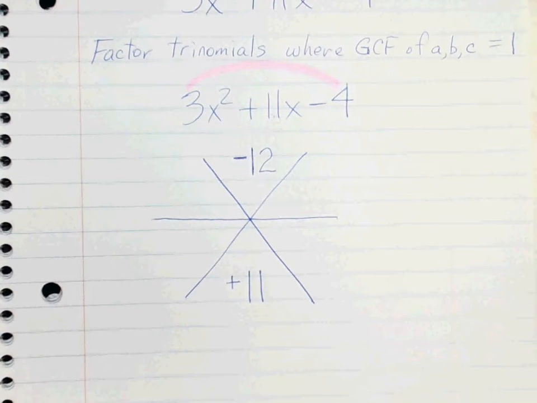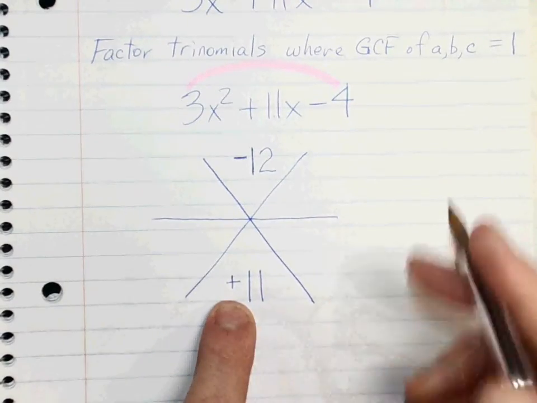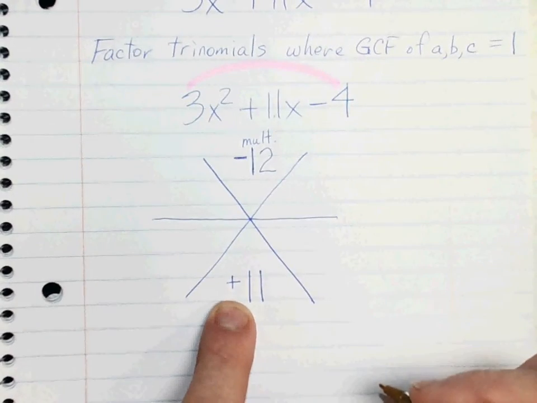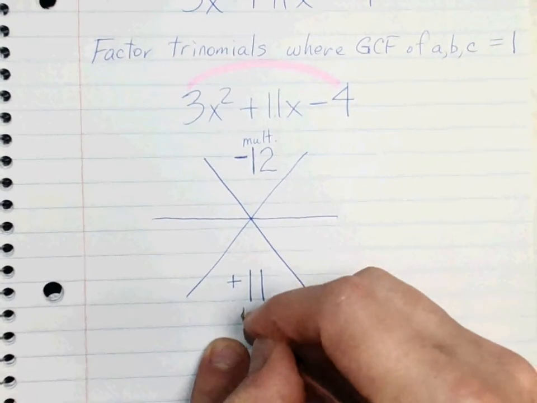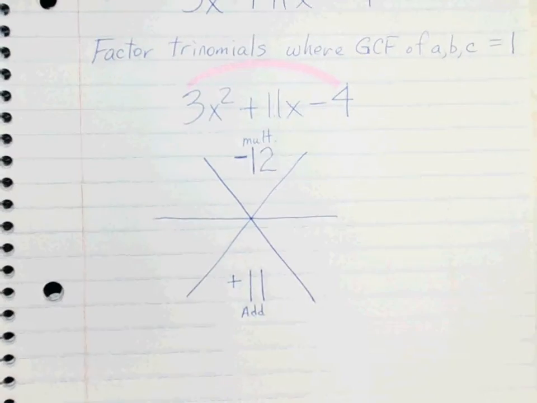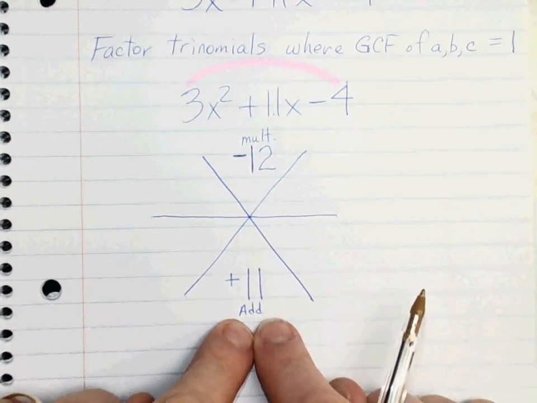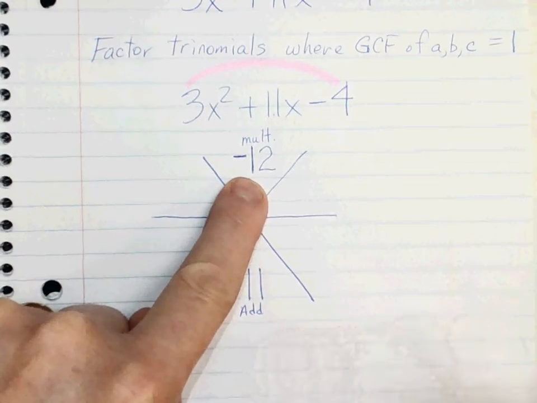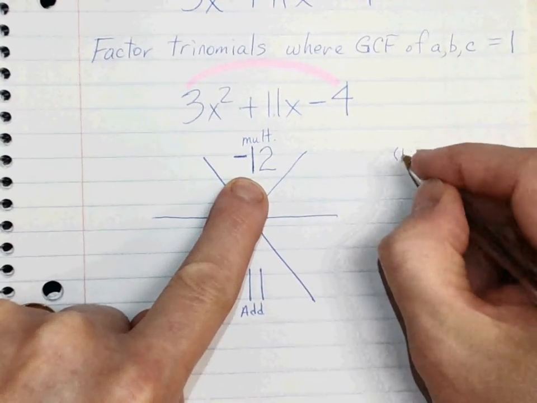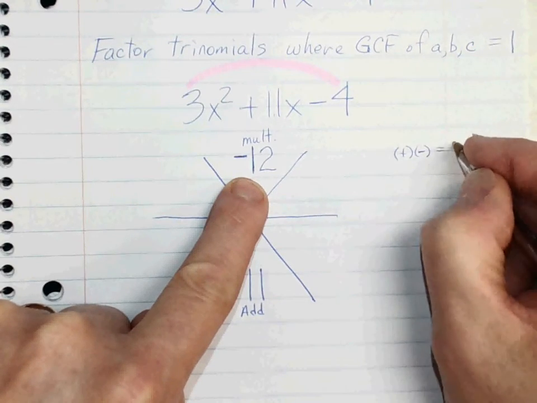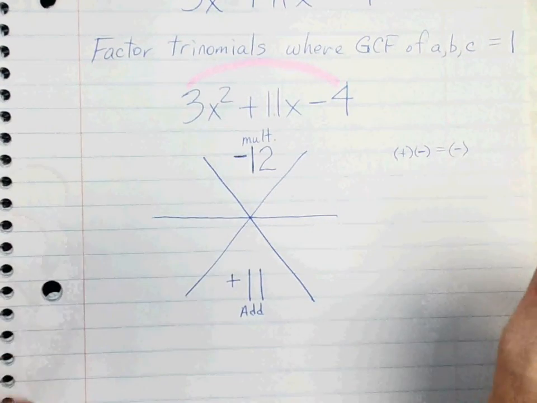Okay? So now, here's where we're going to start doing some different stuff. We need to be thinking, what will multiply to negative 12, but add to 11? And it has to be the same numbers working for both of these. So if I'm multiplying to get a negative, I know that I have to have a positive times a negative, because a positive times a negative is a negative.